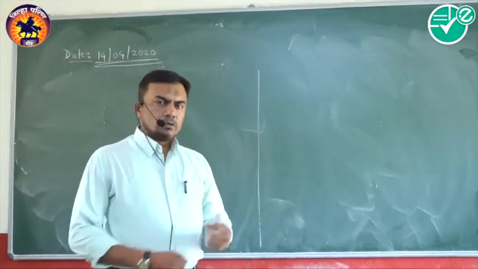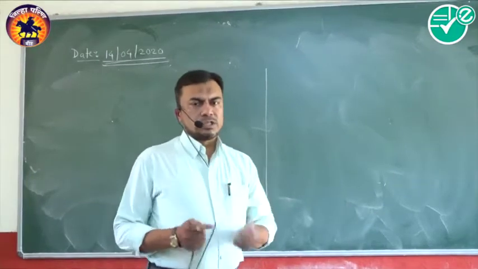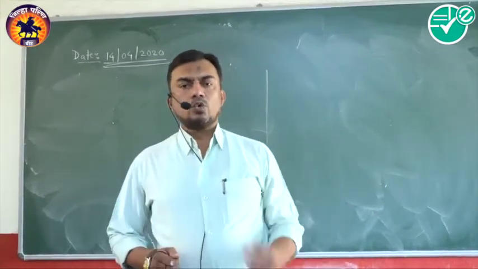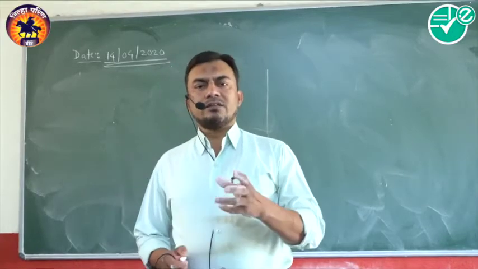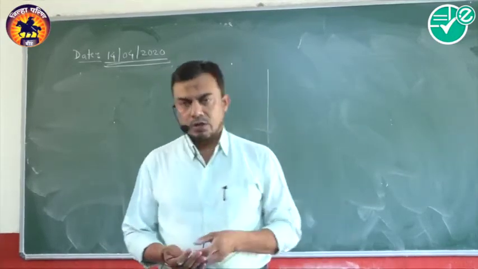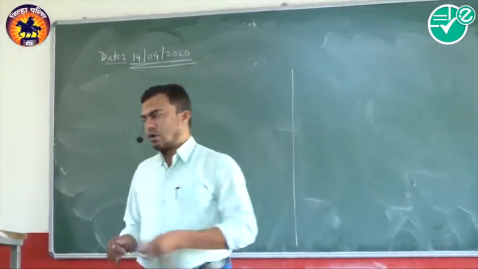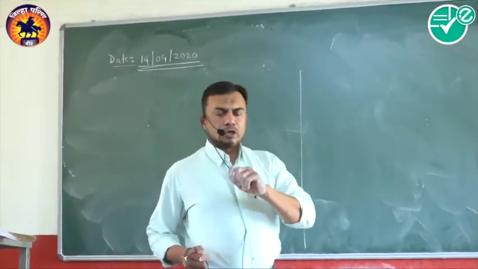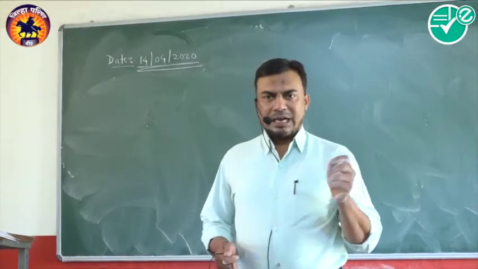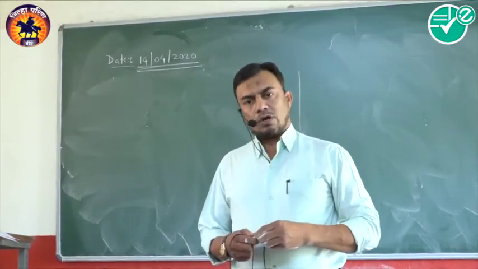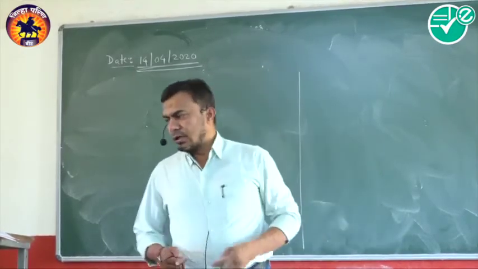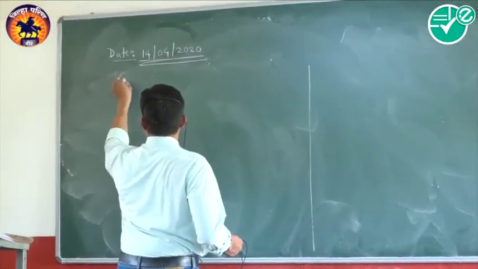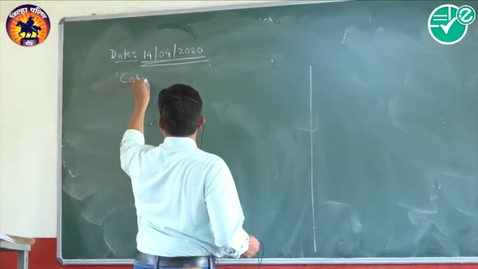Before identifying them, we have to know how to calculate. We'll take some exercises to calculate the oxidation number or oxidation state of some neutral molecules and some polyatomic ions. So we'll take examples and do the exercise.